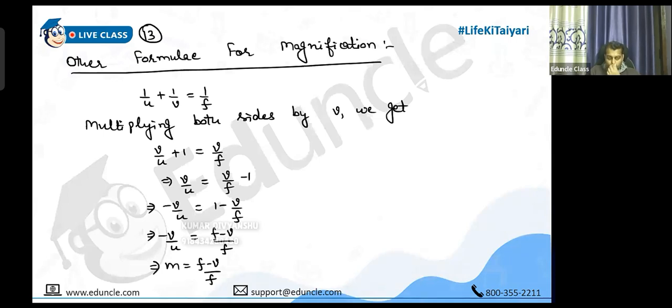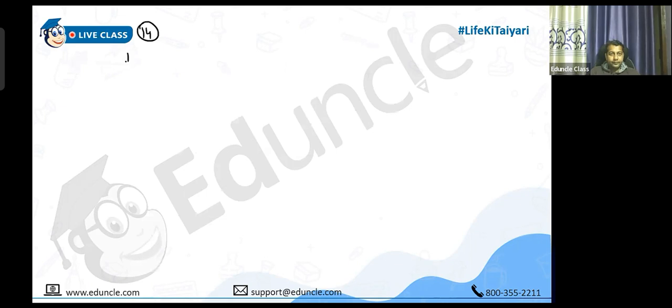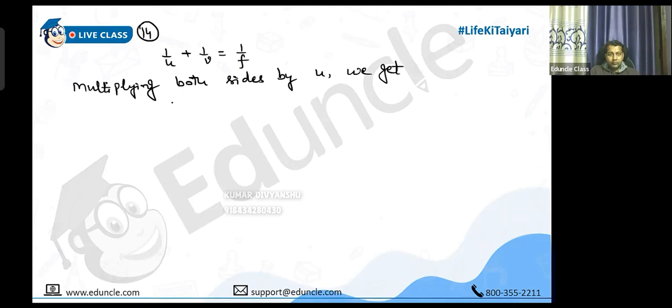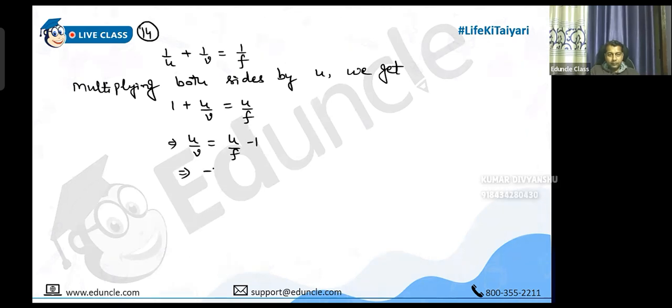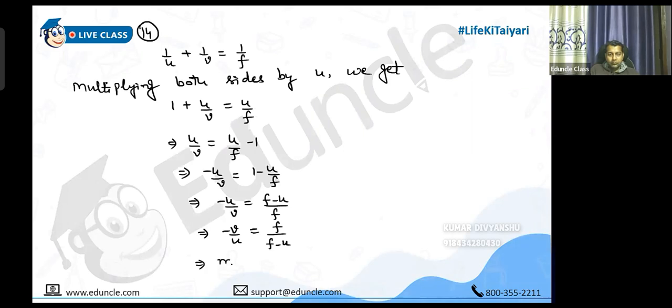And similarly, we can multiply by u instead of v. Then we can get another formula in terms of f and u. This one.